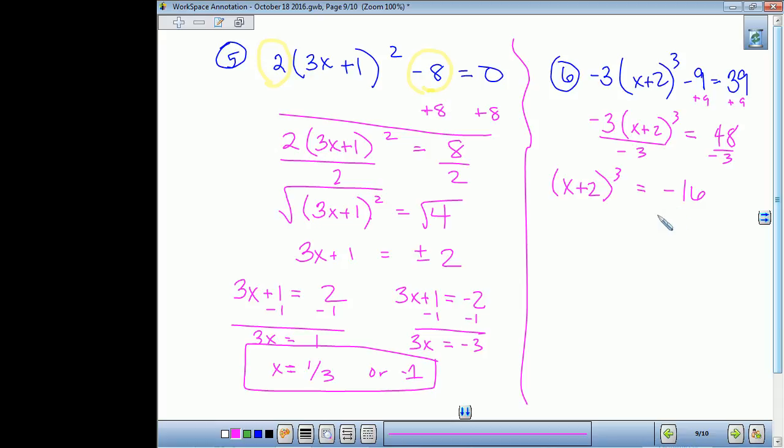Now what do I do? Take the cube root of both sides. Is there a cube root for 16? There isn't. 16 wasn't one of those numbers, but 16 has a factor that is a perfect cube. What is a factor of 16? Very good. And I'm actually going to do negative 8.